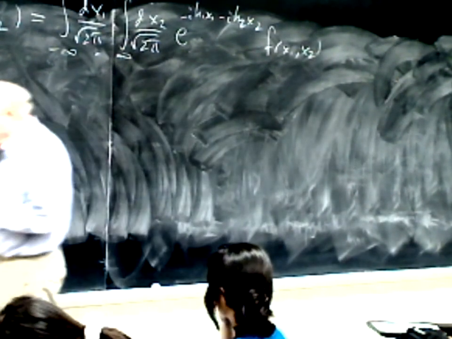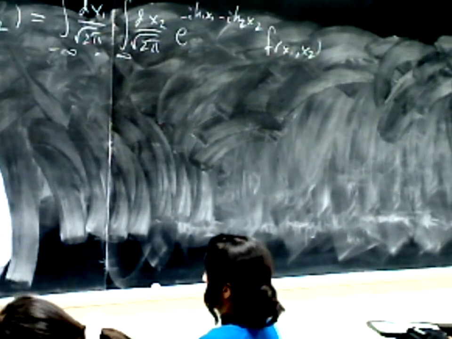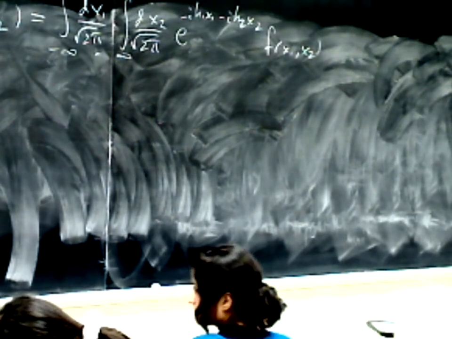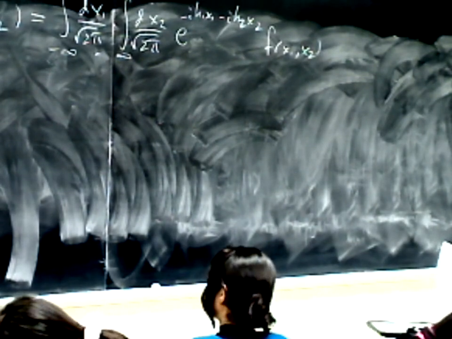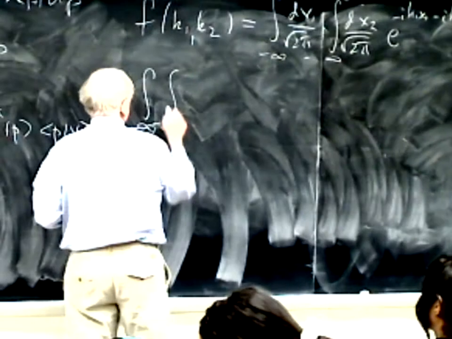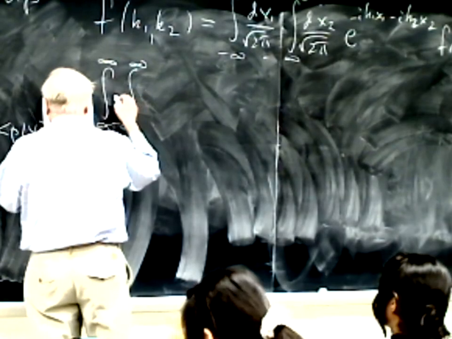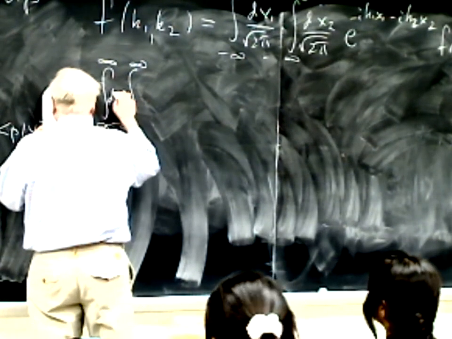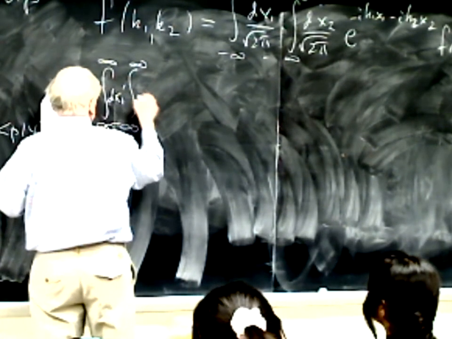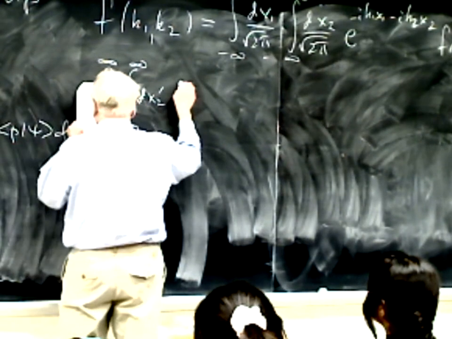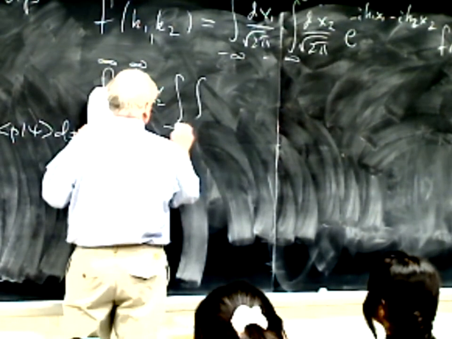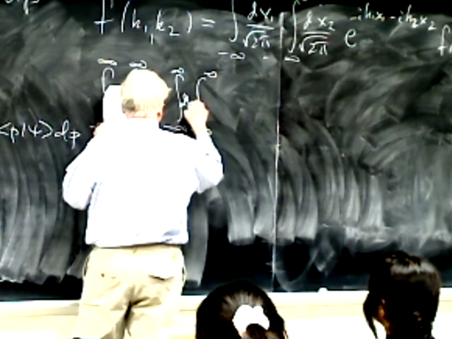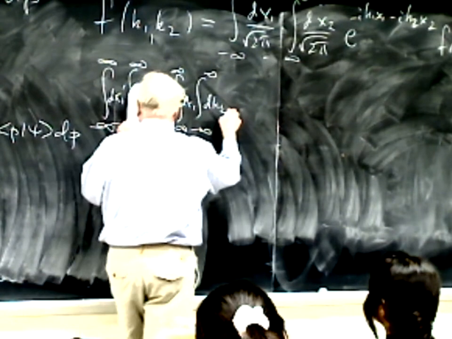And the inverse Fourier transform is the integral from minus infinity to plus infinity dx1 prime dx2 prime of this integral from minus infinity to plus infinity dk1 dk2.